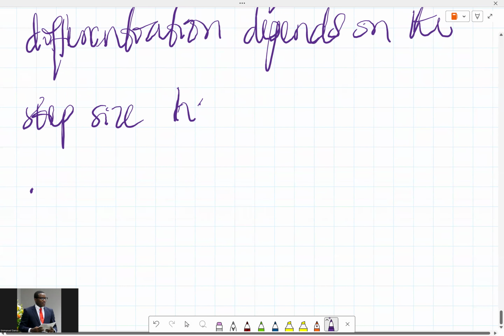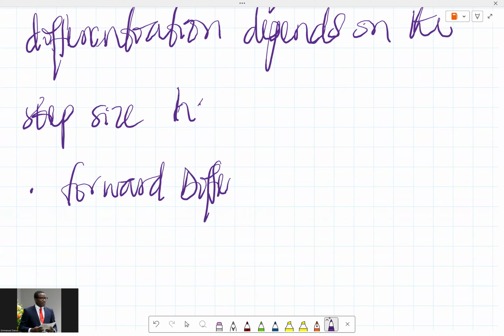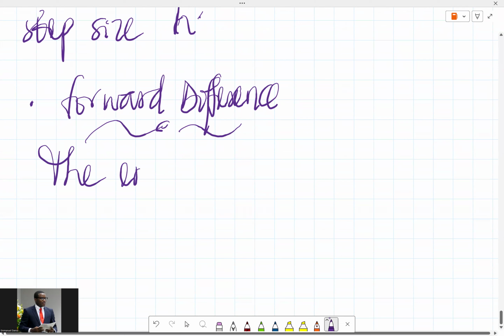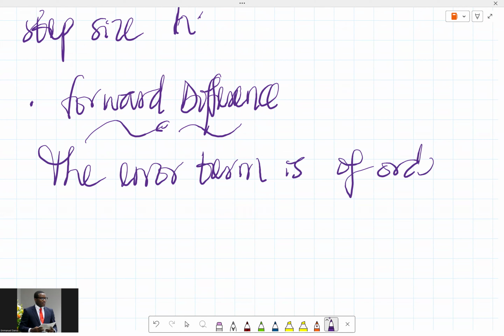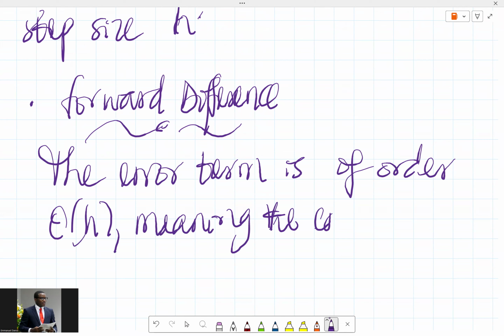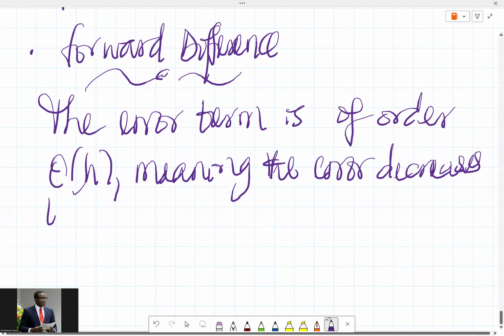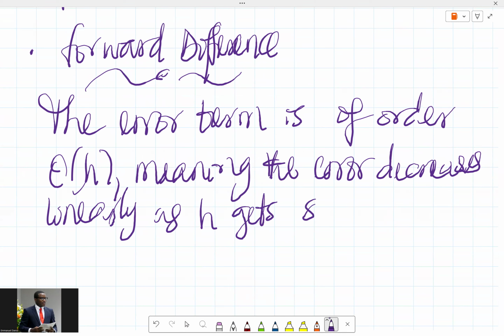First of all, for forward difference, the error term is of order big O of h, meaning the error decreases linearly as h gets smaller. So the smaller h is, the better your result is going to be.